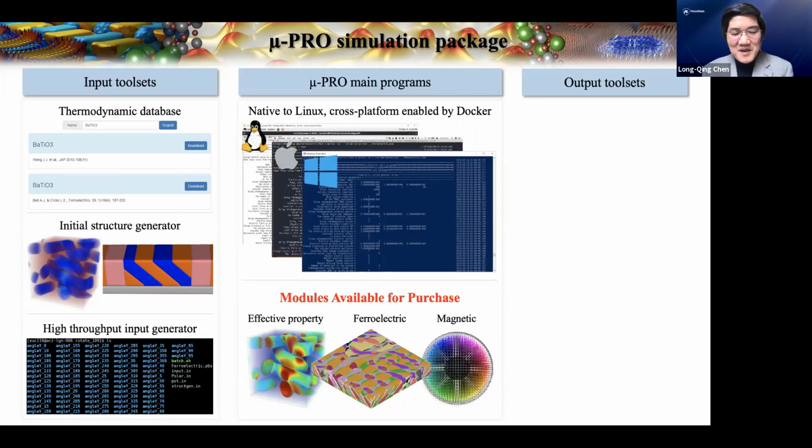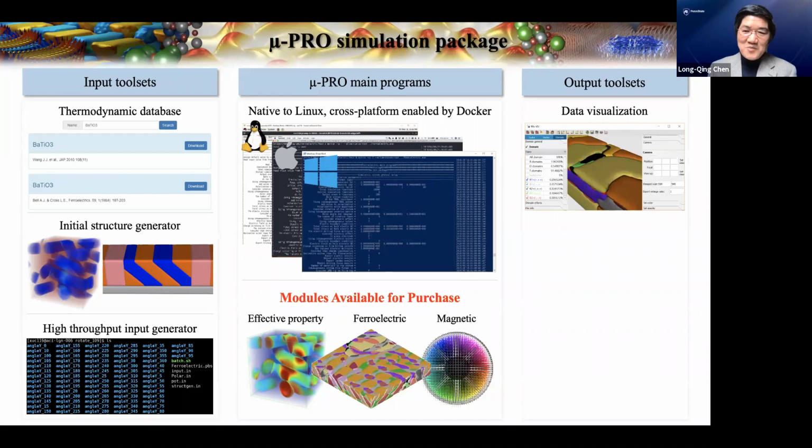So far, most of them are for linear properties, such as effective modulus, effective dielectric constants, effective piezoelectric coefficients, or effective kinetic properties like diffusion coefficient and thermal conductivity. But if we want to do the nonlinear response, for example switching, we directly use the ferroelectric or the magnetic codes.